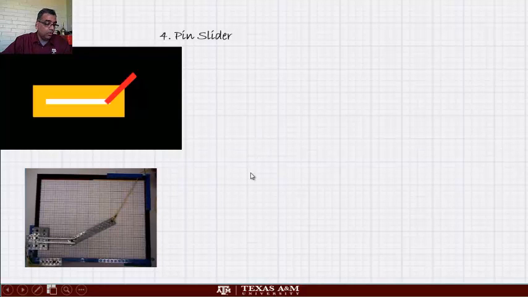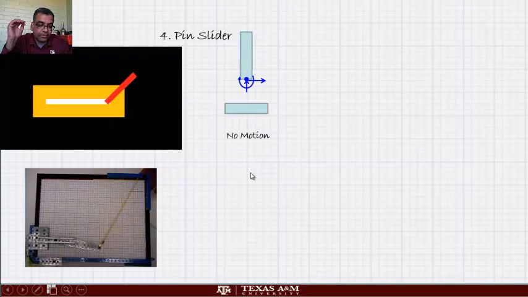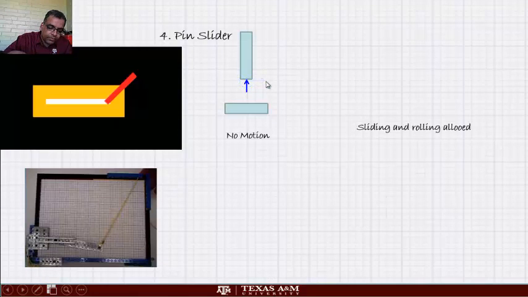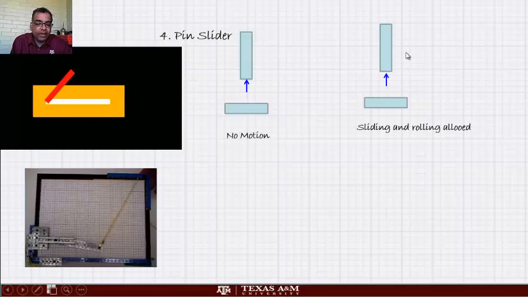Okay. So what does that look like? Let's start. No motion. All three forces are there. Now I want it to slide in the x direction. So I'm going to remove this force. And I want it to rotate. So I remove the other force. When I remove these two things, the only force that is there is the y direction force, or the force perpendicular to the thing, because that's the only one that is prevented.